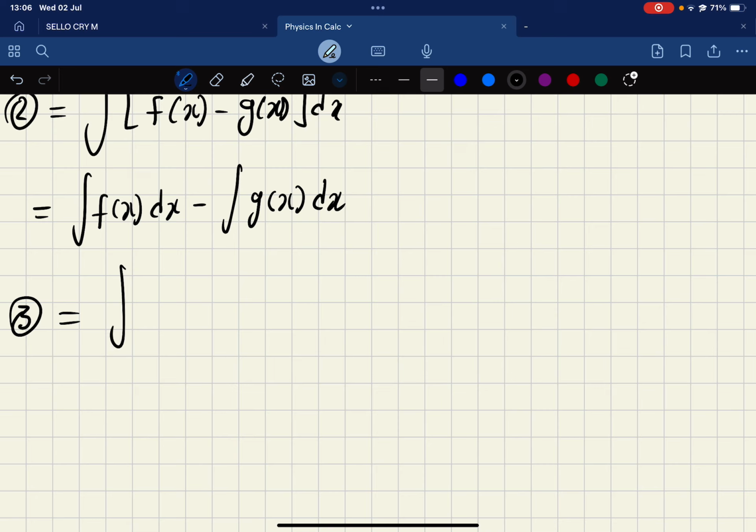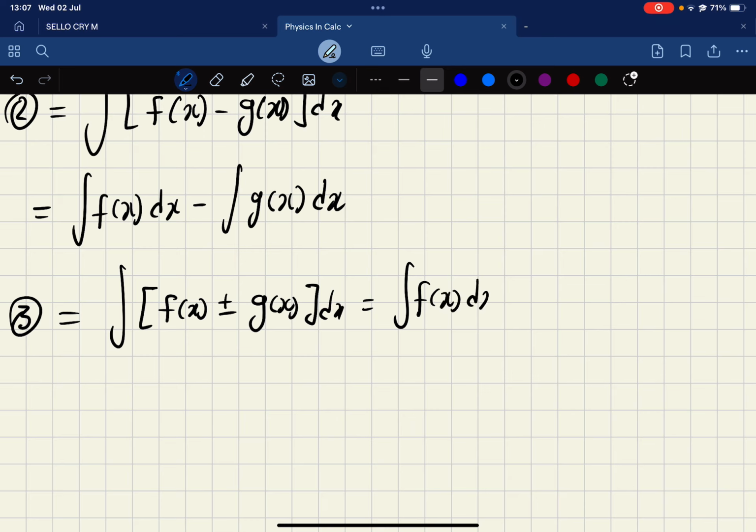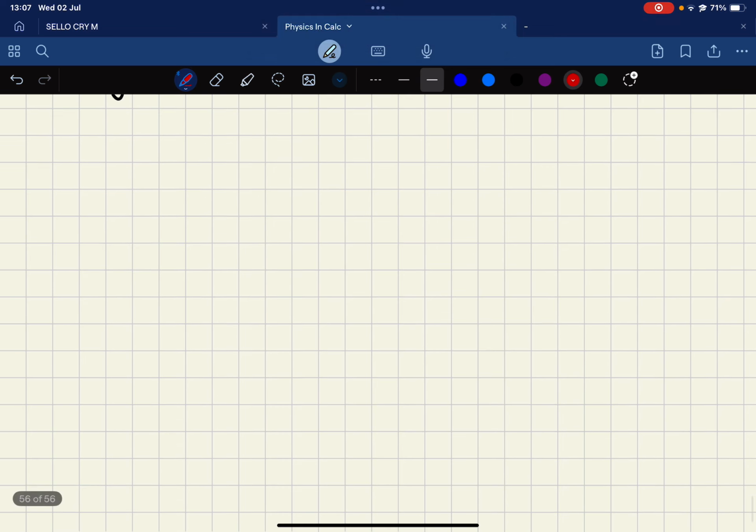The integral of f of x plus or minus g of x dx is the same as the integral of f of x dx plus or minus the integral of g of x dx. It does not matter. If it's positive, it's positive here. If it's negative, it is negative here and here. Understandable. I think now you are used to the procedure.